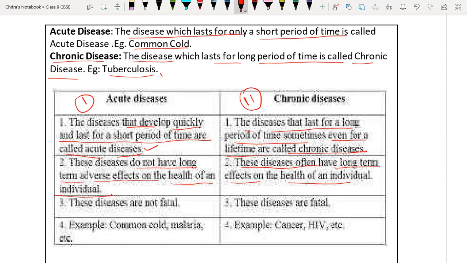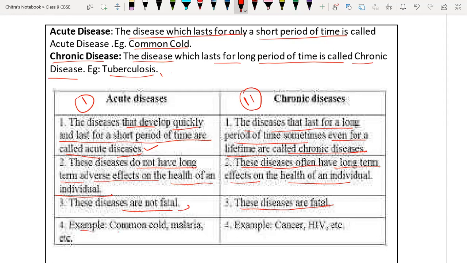Sometimes a person is paralyzed, which is again a long-term effect, so it is chronic. Acute diseases are usually not fatal, but chronic diseases are fatal.